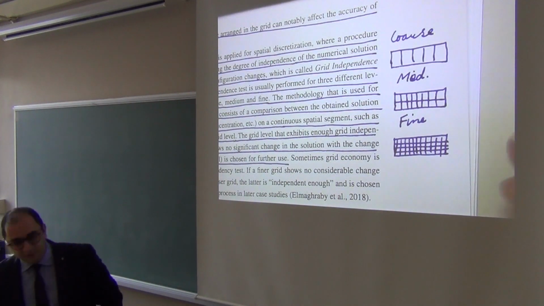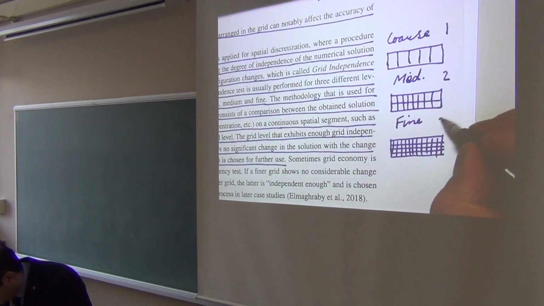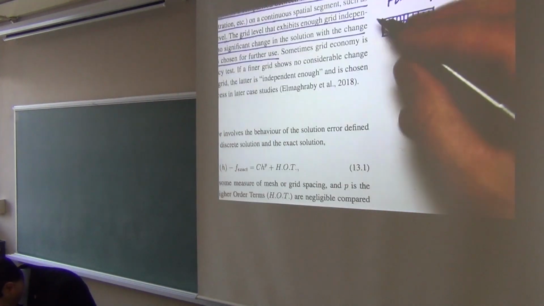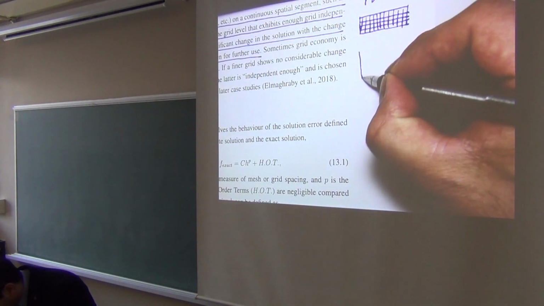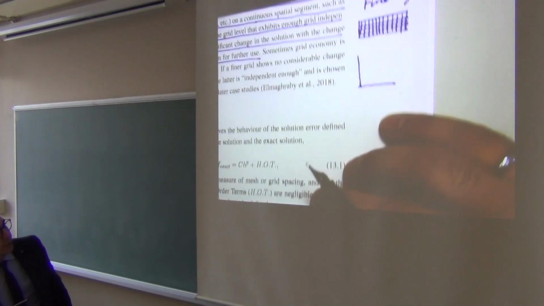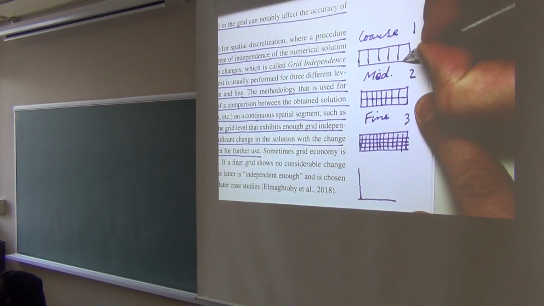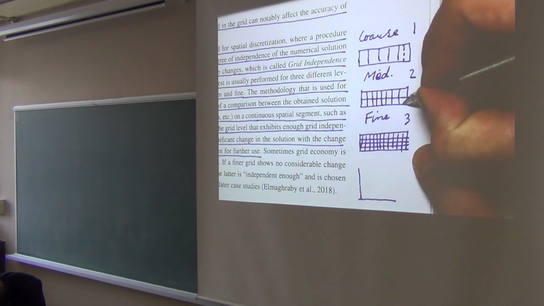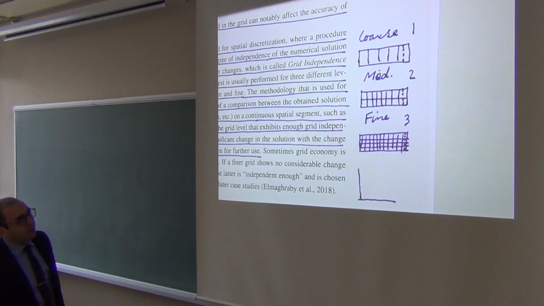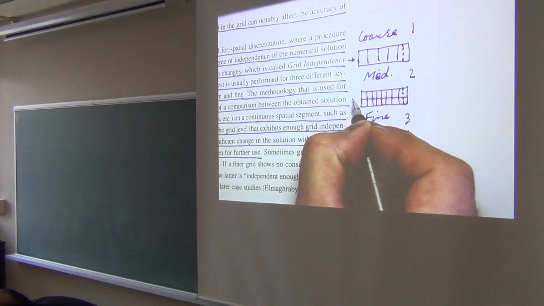So I have 3 levels of mesh, say 1, 2, 3. Suppose it was a boundary layer flow, very simple flow, and then I plot any solution that I care about on a vertical line. For example, I could plot the solution on this line, which I am showing by dashed line. Of course, flow is going from left to right.